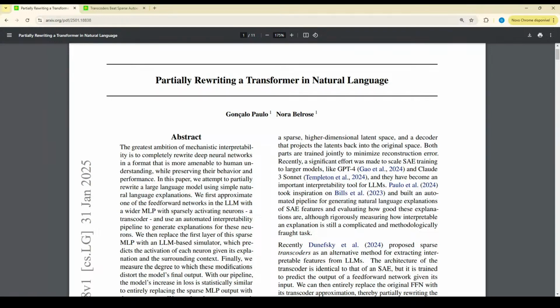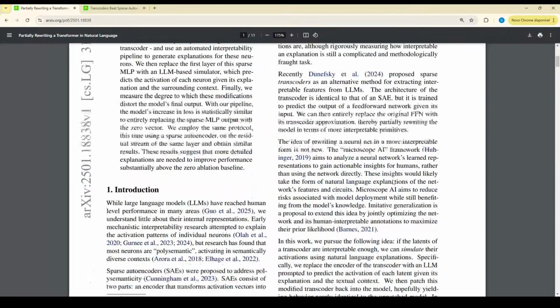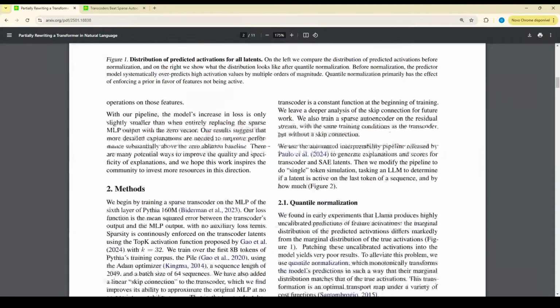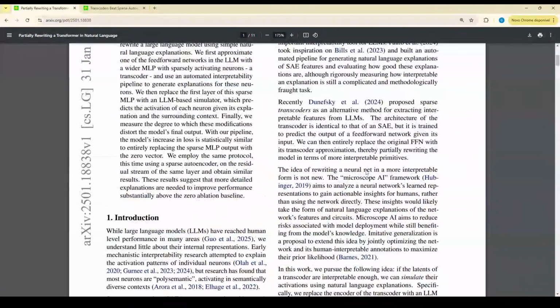Then the LLM says yes or no, or we actually ask it to give a number to know how high the activation should be. And then we use this number to decide which decoder directions of the sparse autoencoder to use.